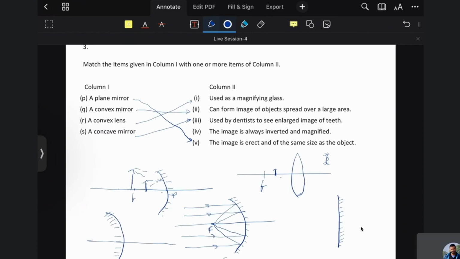Parallel rays coming from infinity will diverge, so you have to extrapolate them behind, and you will get a virtual and erect image of the object. So this is a diverging mirror.